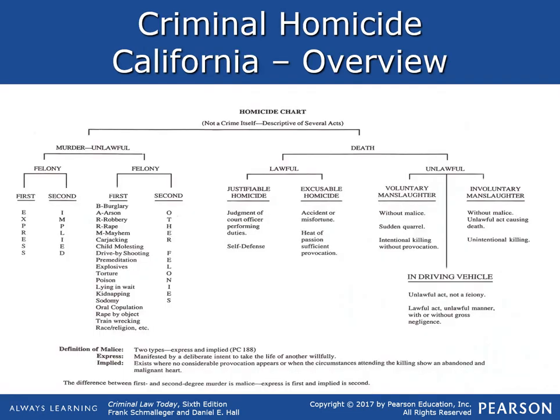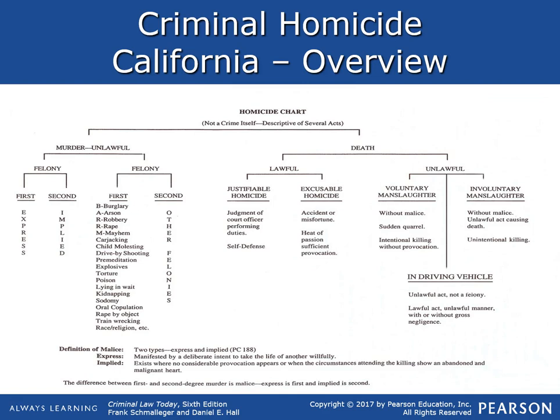Now, along with that, I have incorporated a criminal homicide chart, if you will, for California, kind of an overview, because a lot of times we mistakenly interpret homicide and murder. We think they're the same thing, and realistically they are not.